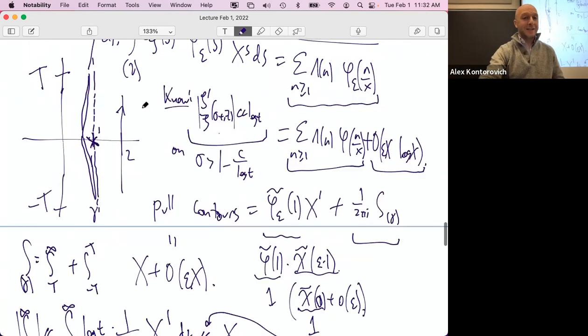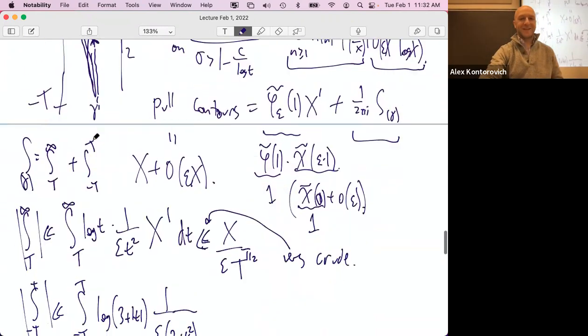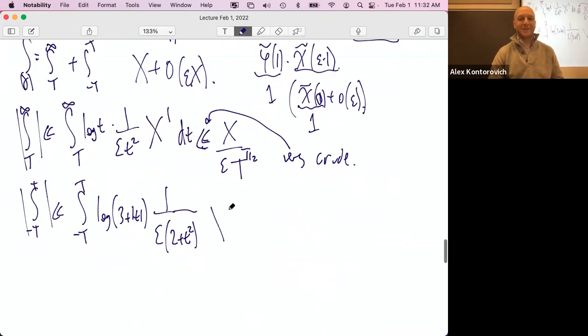But now in this entire region, I have a better power of x that I can take. This is where I will win, because in this entire region, the real part is at most 1 minus some constant over log big T. So I get x to a power 1 minus some constant over log t.